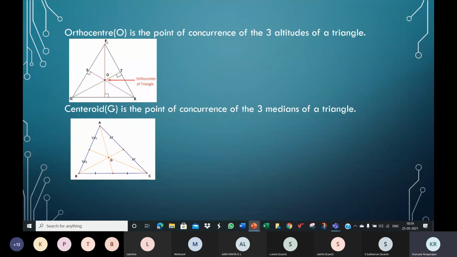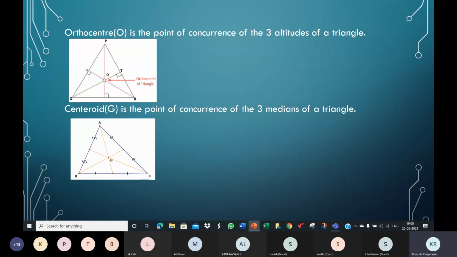These are altitudes. See, from the vertex P, this line segment is an altitude from P to QR. It makes 90 degrees with QR. Similarly, QT is the altitude from Q on PR. RS is the altitude from R on PQ.